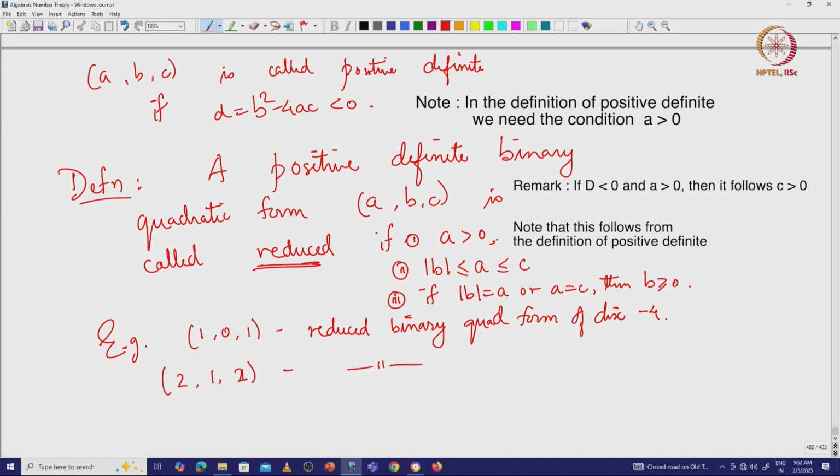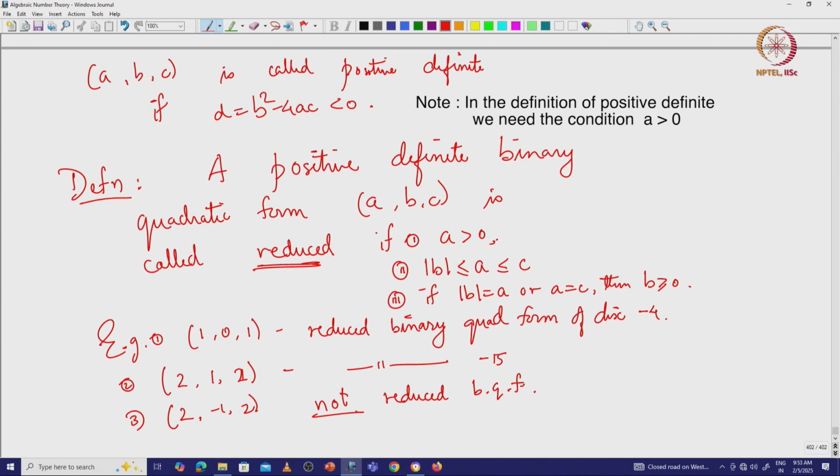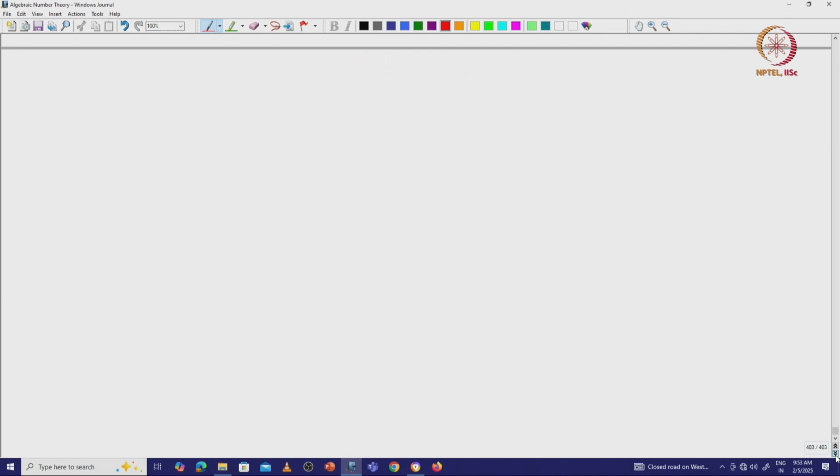So, this is also a reduced binary quadratic form of discriminant minus 15. Or I could take (2, minus 1, 2). This is not a reduced binary quadratic form. Okay. Its discriminant is also minus 15, but this is not a reduced binary quadratic form. Okay, fine. So, what is the theorem?